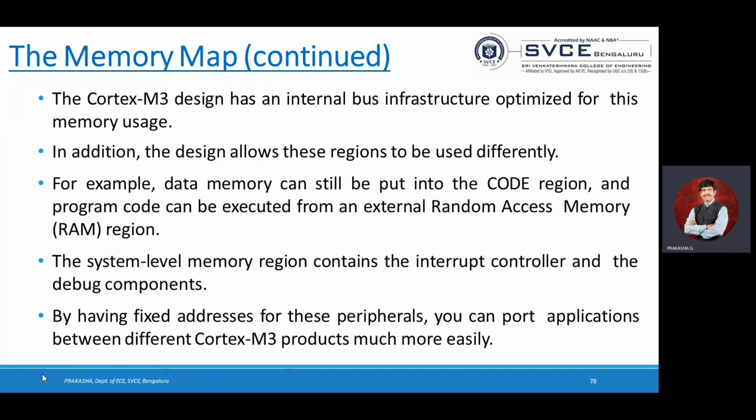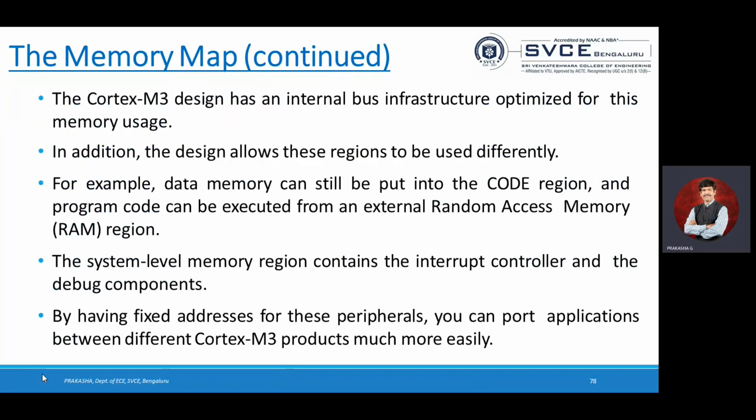But when I have a single memory, in the same memory we can keep the code and also the data. There is one more architecture, where two separate memories are available: one memory dedicated for the data, another dedicated for the code. But here, ARM Cortex M3 is using Harvard architecture with a single memory that can be used for storing the data and also the code.